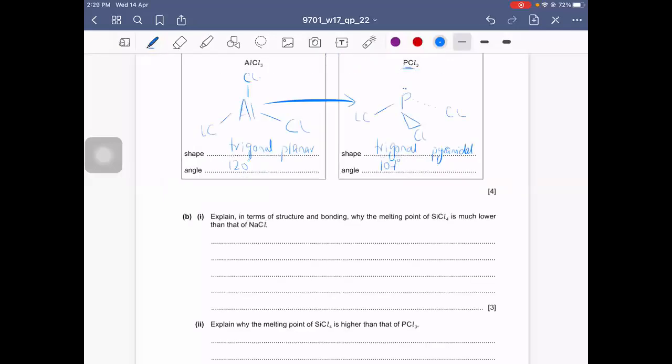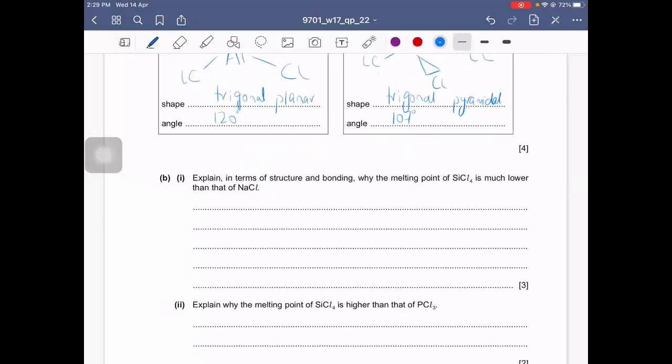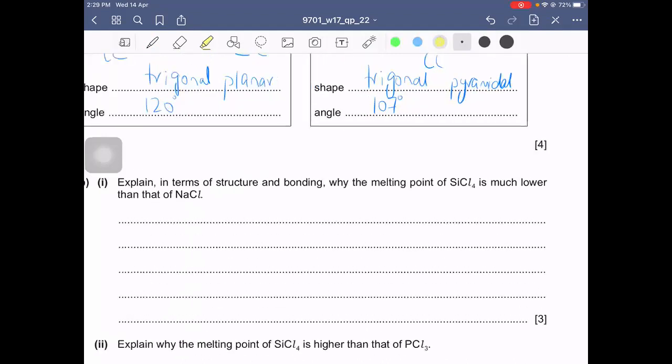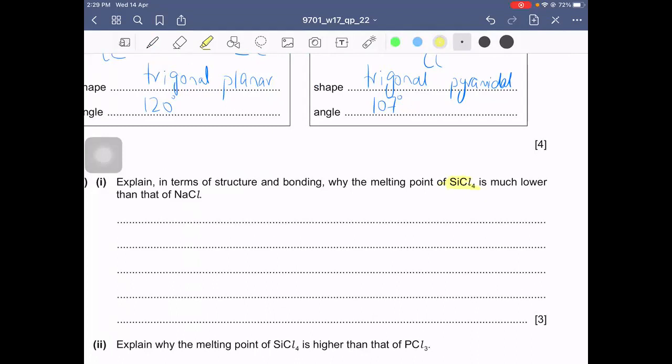Moving forward, they ask you to explain in terms of structure and bonding why the melting point of SiCl4 is much lower than NaCl. Now you need to understand that Si is a non-metal bonded with a non-metal, whereas NaCl is a metal bonded with a non-metal.